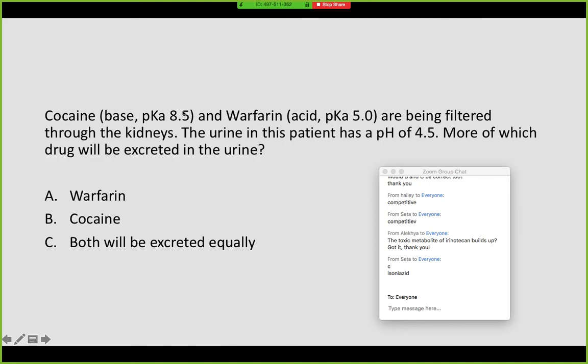Cocaine, which is a base, and warfarin, which is an acid, are being filtered through the kidneys. The urine in this patient has a pH of 4.5, so more of which drug will be excreted in the urine? So which drug is going to be trapped? Right, so cocaine, and does somebody want to explain why, like their logic?